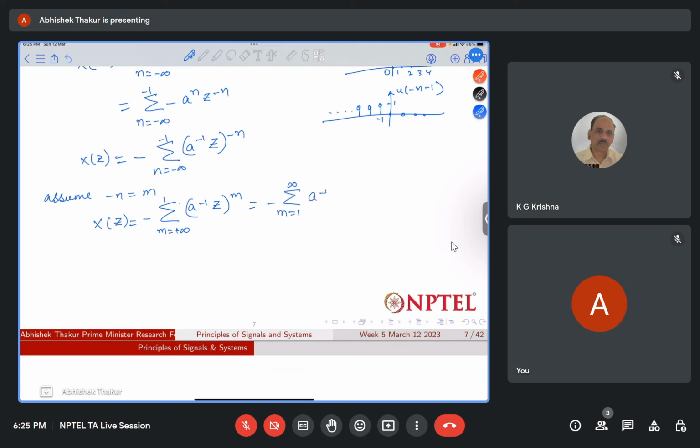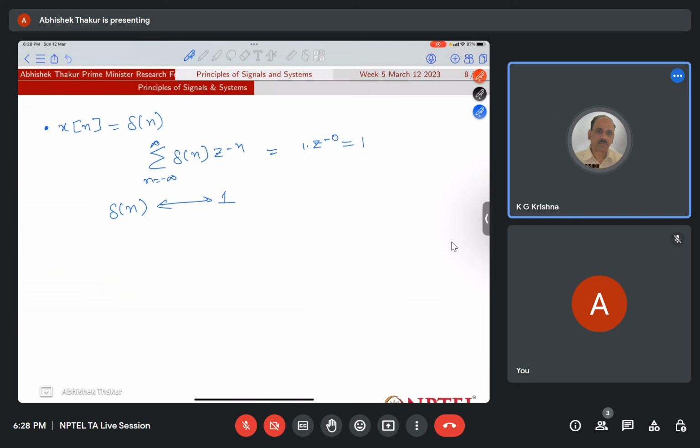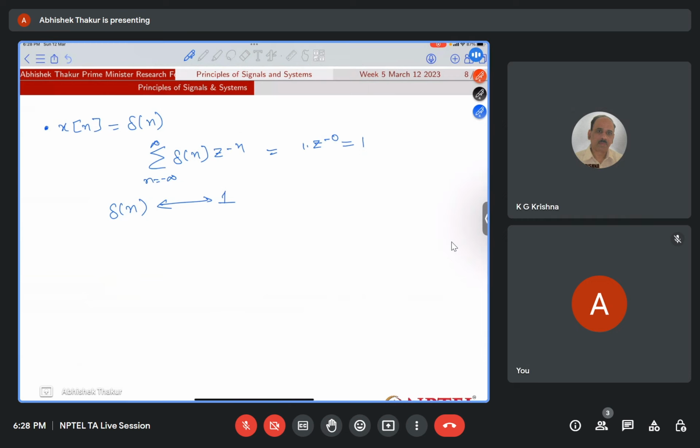We know that in discrete time, if n is equal to 0, then delta[n] is equal to 1, and for all other values it is 0. It will be 1 into z to the power minus 0, which is equal to 1. So the Z transform of this is 1, and the ROC of this is the entire Z plane.